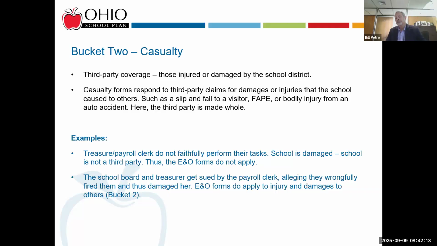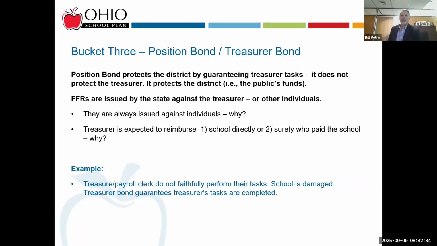Bucket 2. Bucket 1, your property, your stuff. Bucket 2, casualty, damages or injuries you cause to others. Bucket 3 says surety bonds that cover your funds. As you mentioned, bucket 3, the position bond protects the district by guaranteeing these treasurers' tasks are done properly.